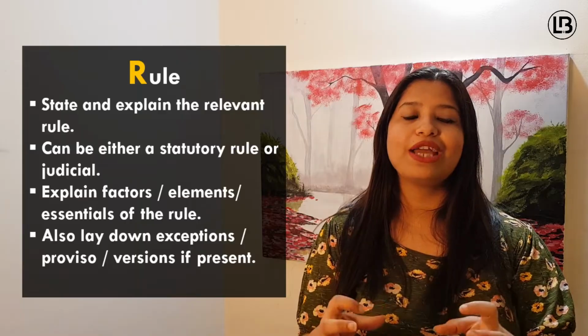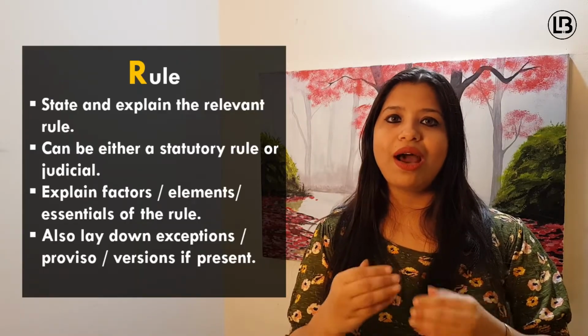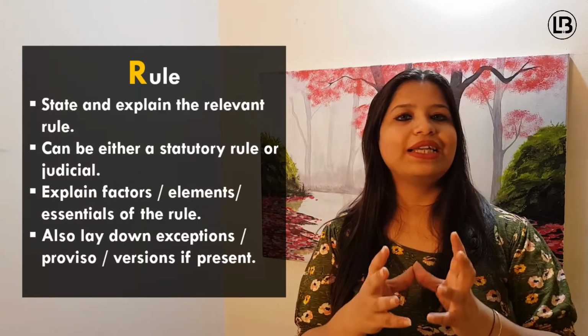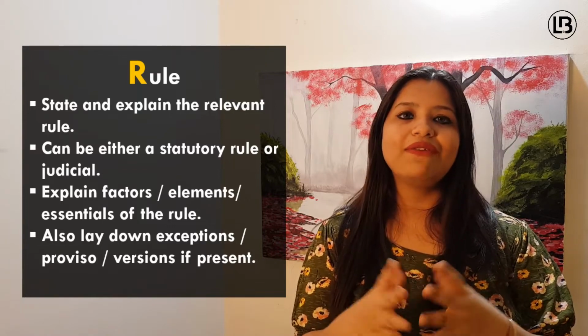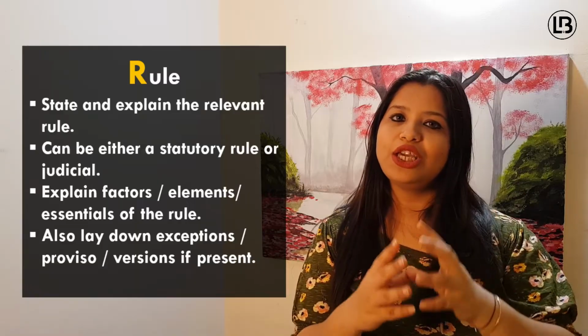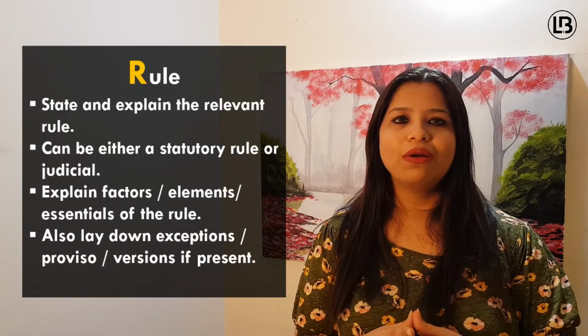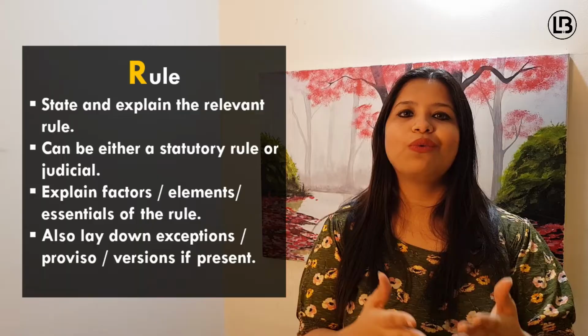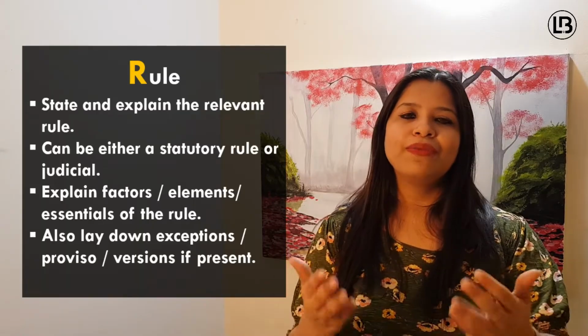You're basically trying to unravel the complexity that is there in that legal rule, so that even a layman, when he reads the facts of the case coupled with the issue that you've identified and the rule, it should come easy to him what the likelihood of the decision is going to be.